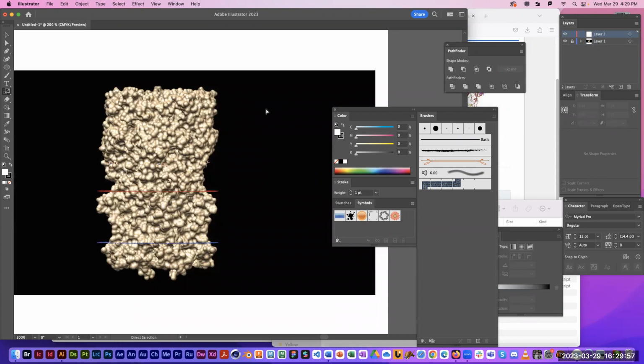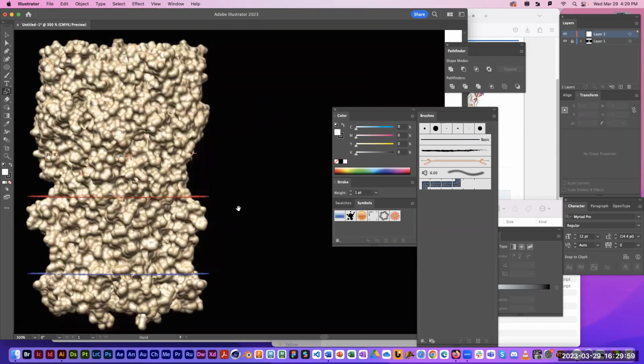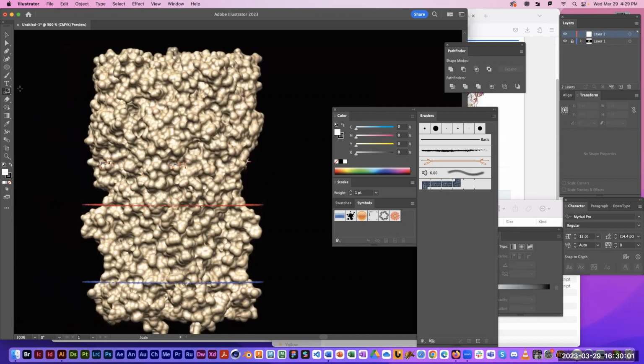And there's a couple of different approaches you can take to illustrating this thing, but I tend to like the blob brush. Notice with the blob brush tool, you can see a circle, which represents the diameter of the brush. I'm going to give this a bright color so that I can actually see it when I'm painting.